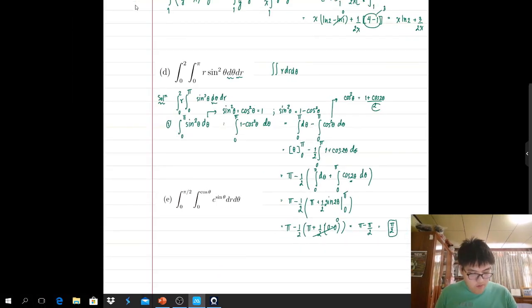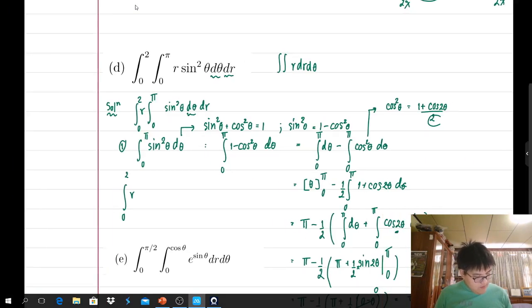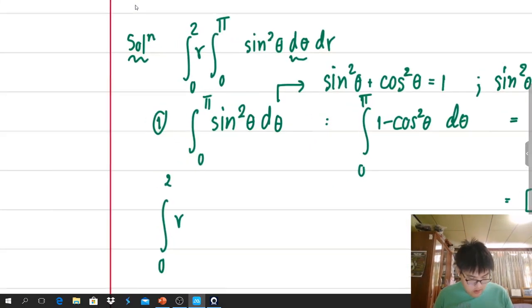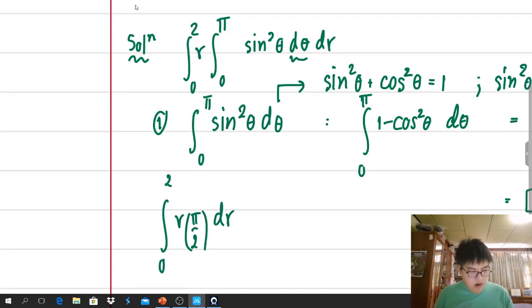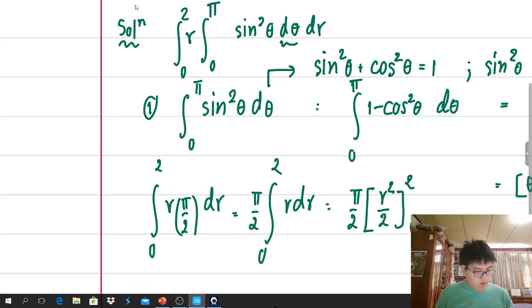And then we will move to the outer integral. It's 2 and 0. And you look at this, we have r, and we get pi over 2. Then with respect to r, this one is a constant. We will move it out. Integral from 0 to 2 of r dr. We will get pi over 2 times r square over 2, 2 and 0.